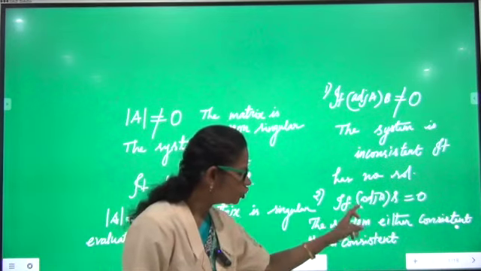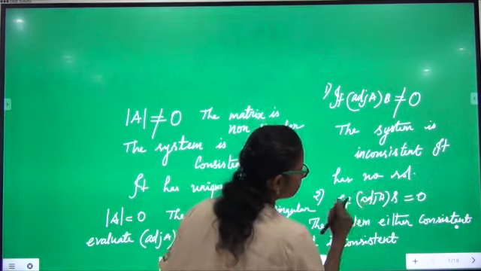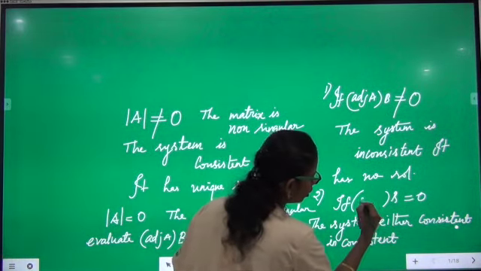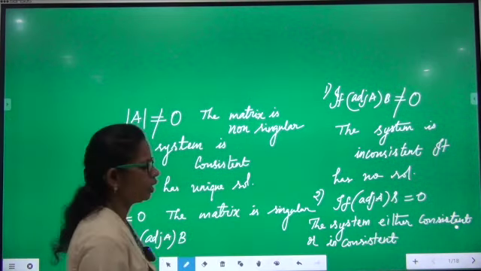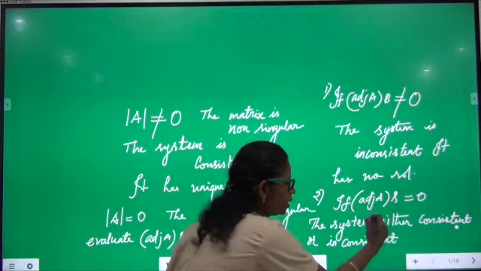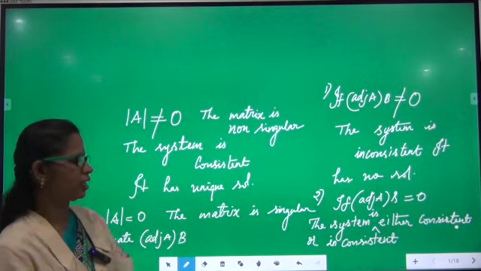Here, if adjoint of A into B equals 0, the system is either consistent or inconsistent.